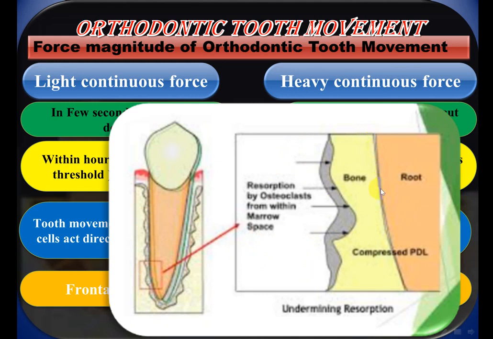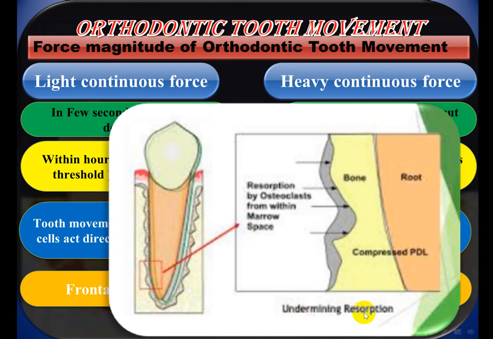This gray line represents the compressed side of the tooth, which is completely occluded and cut off from blood vessels, and there is a layer of hyalinized area. This is the adjacent bone to the necrotic area.